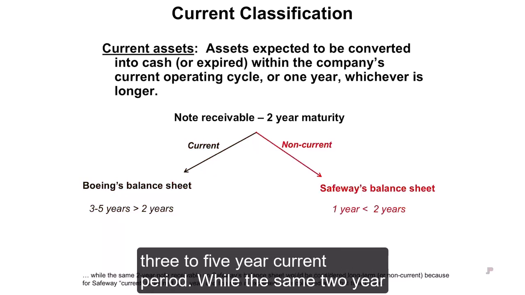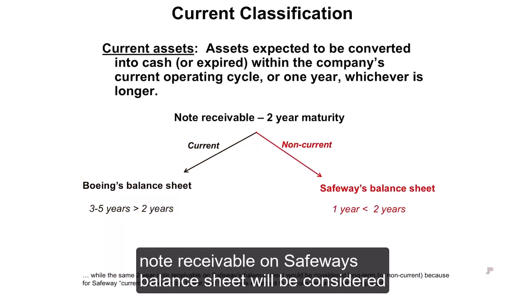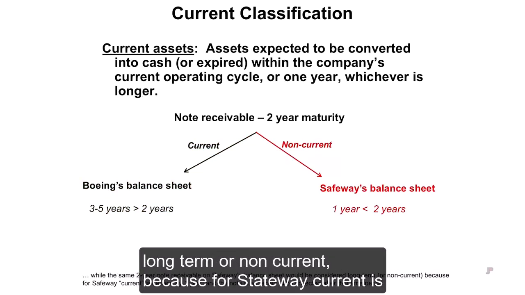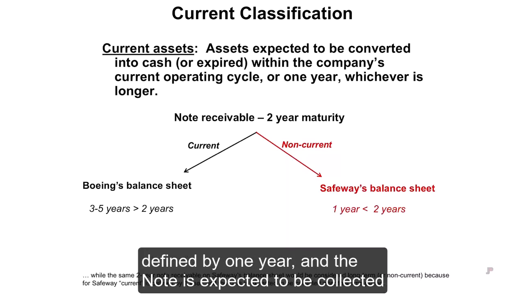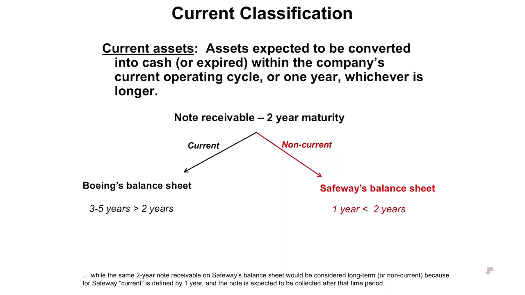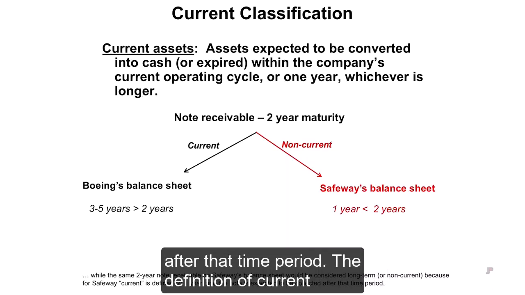While the same 2-year note receivable on Safeway's balance sheet would be considered long-term or non-current, because for Safeway, current is defined by 1 year, and the note is expected to be collected after that time period.